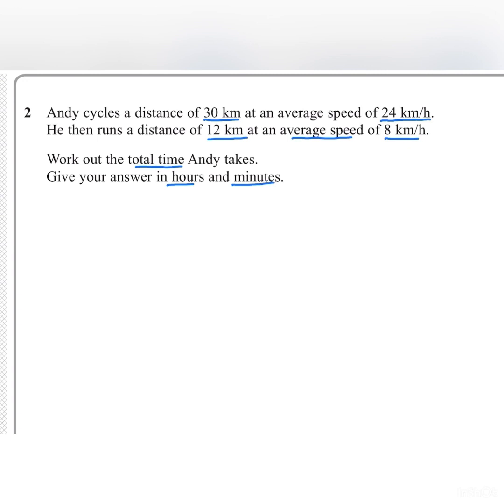The formula that you need here is speed equals distance over time. If I times both sides by time, we have speed times time equals distance, and then time equals, now it's multiplying here, so we divide both sides by speed, distance over speed.